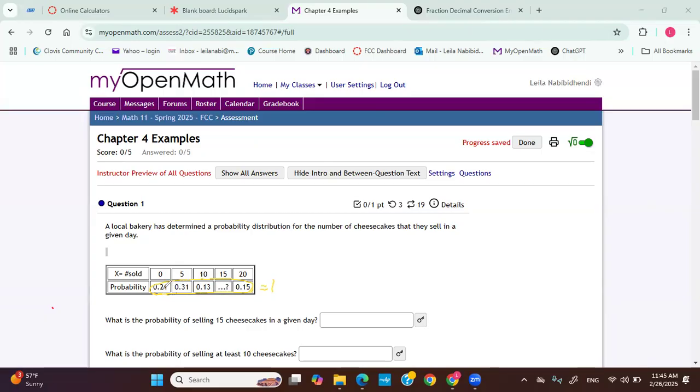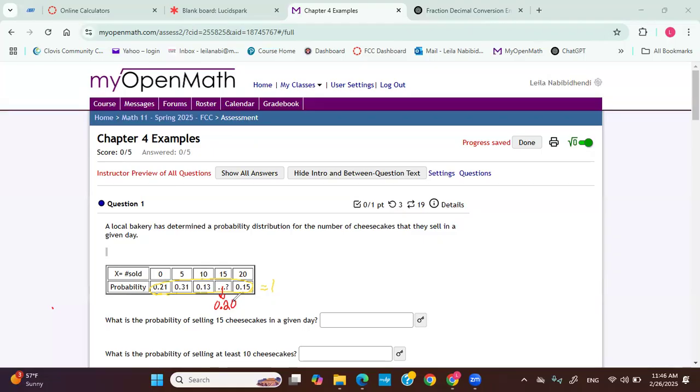If I add 0.21, 0.31, 0.13 and 0.15 and subtract it from 1, I can find the missing number. So I'm just adding 0.21 plus 0.31 plus 0.13 plus 0.15, and if I subtract this number from 1, I will find that this number must be 0.20.